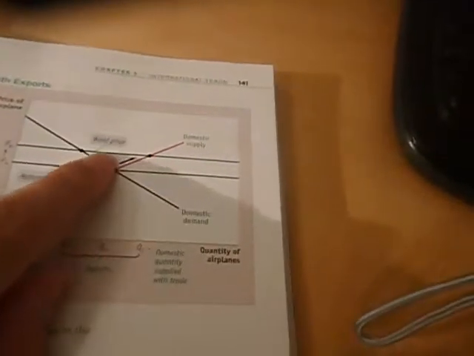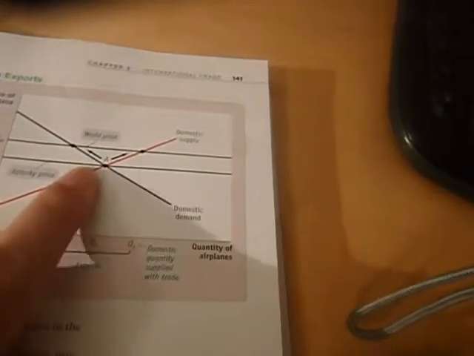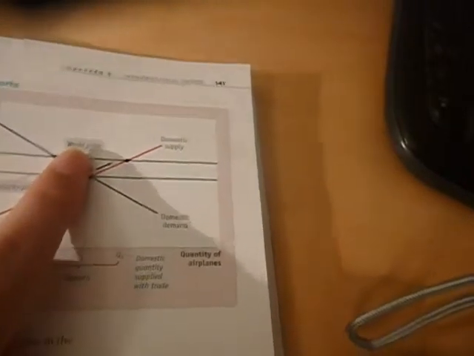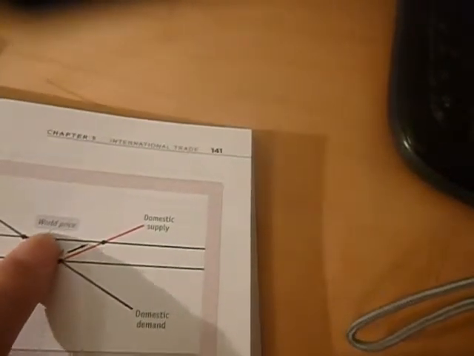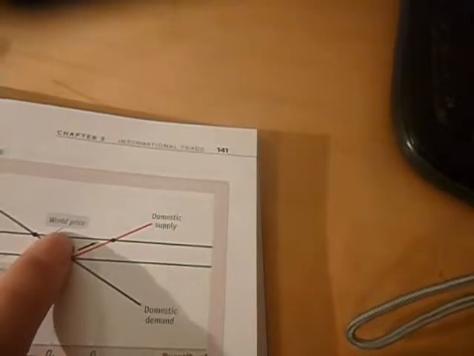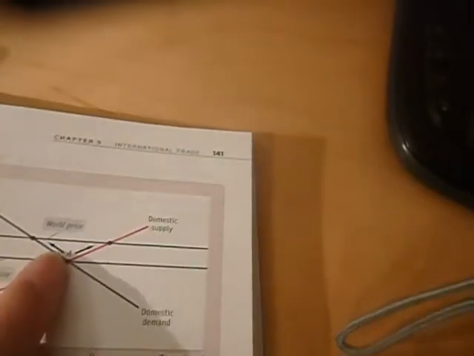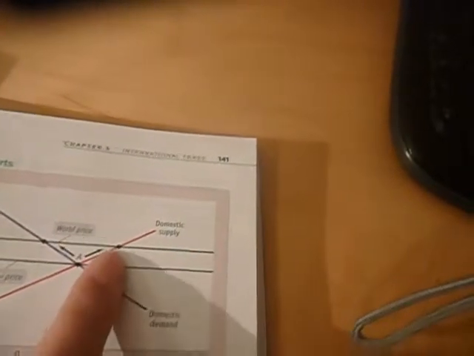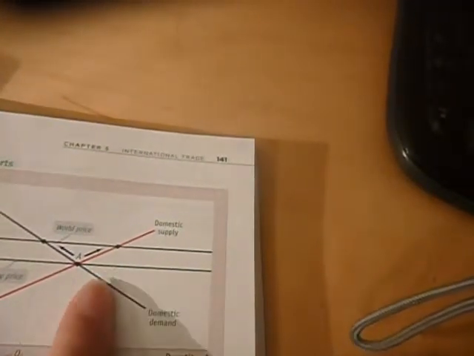This represents that imports will increase the surplus. And on the other side, when exports are made, the price level will increase to here, right? I should say exports are made, not brought in. And because the price increases, the supply will increase here, but demand drops.